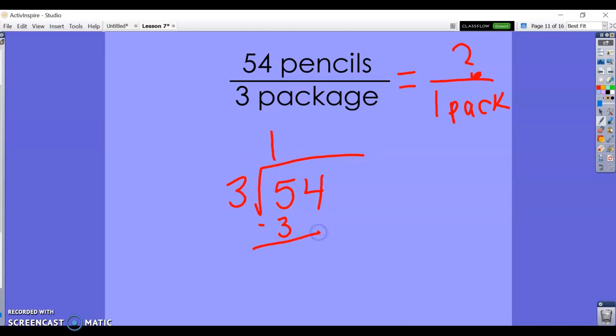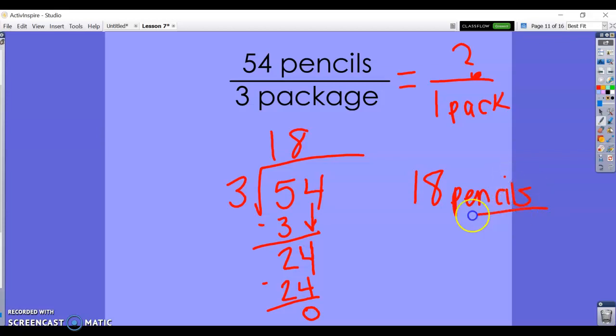So I'm going to subtract 3 from 5, which leaves me with 2. I know that 3 cannot go into 2, so I need to bring down this 4, giving me a 24. And I know 3 goes into 24 8 times. 3 times 8 is exactly 24, leaving me with no remainder. So 18 pencils are in 1 pack or package.